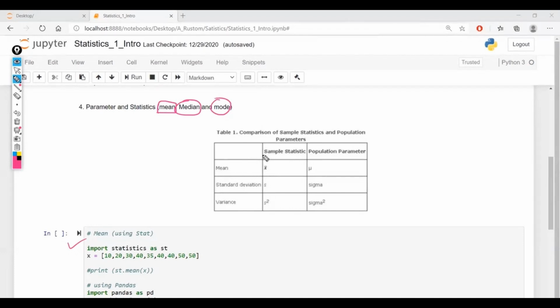We have understood what a sample is and what a population is. If I take the mean of a sample, how will I represent it? It's basically X bar. And what is mean, by the way? Let's understand that first, then we'll come back to this, and later do some practical work to see how things work.